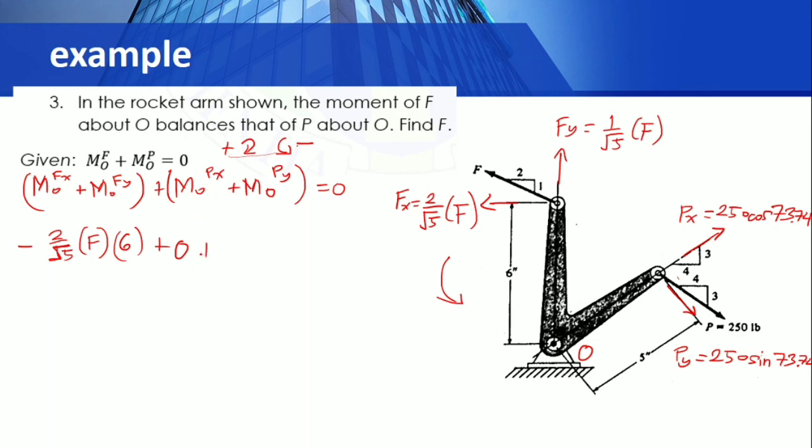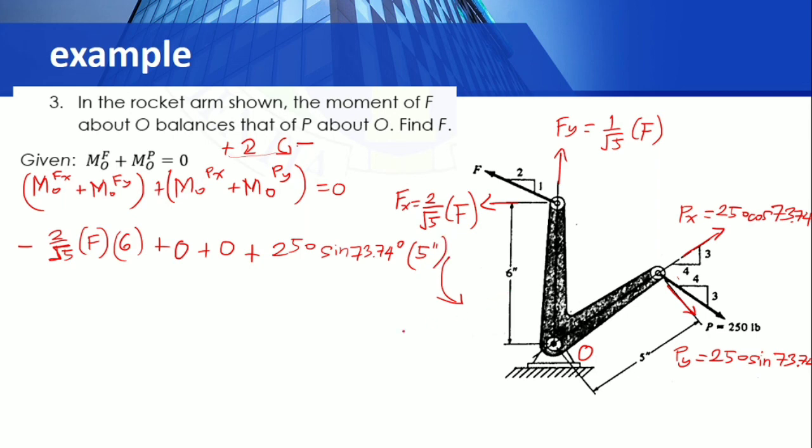So, that will be plus 0 ulit. And then, plus yung moment naman ng py natin, ayun, mag-rotate siya kasi meron tayong perpendicular distance. So, yung py natin, that will be 250 sine 73.74 degrees multiplied yung moment arm natin, which is 5 inches.